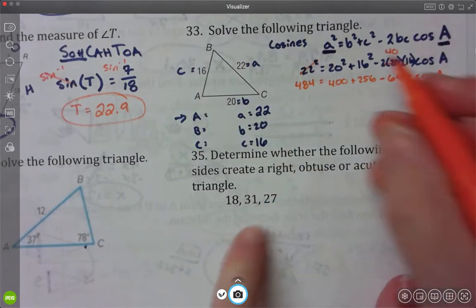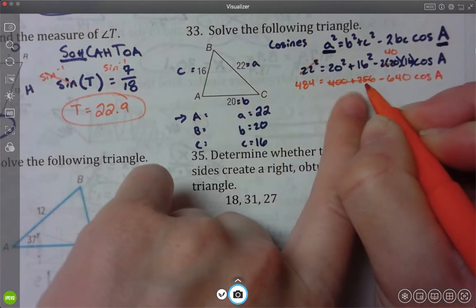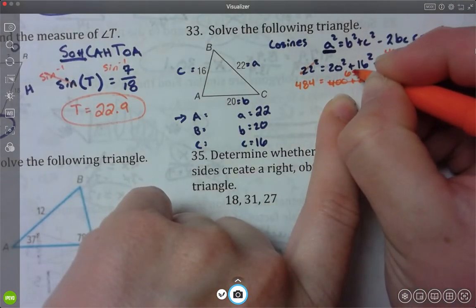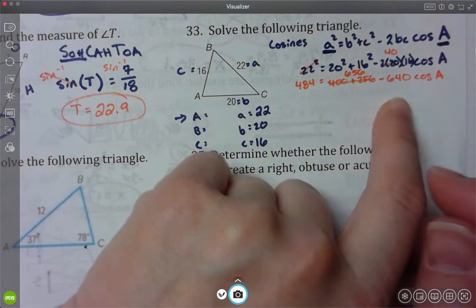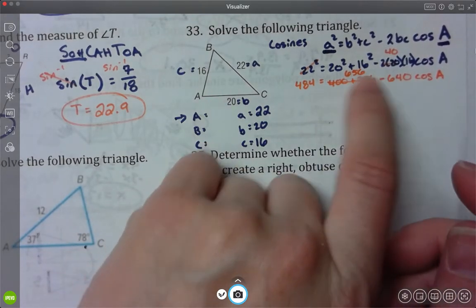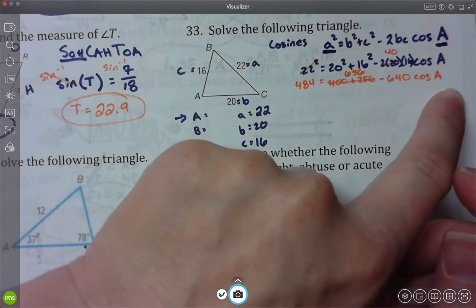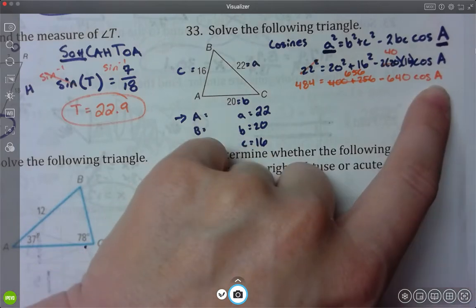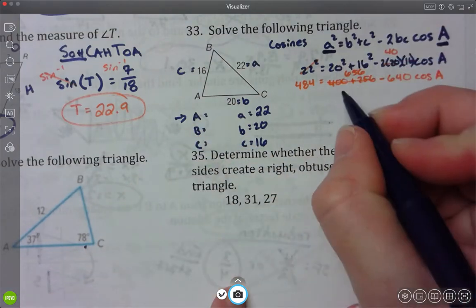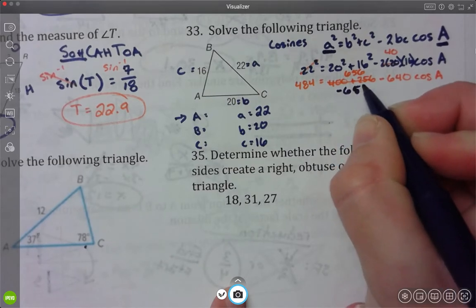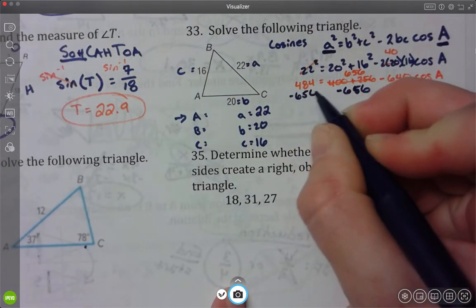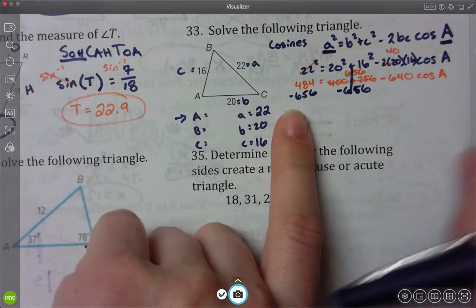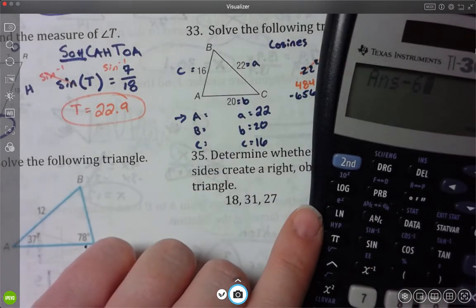Okay, now let's go ahead and put these two pieces together. 400 and 256 is 656. Okay, now I don't want to subtract the 640 from him because 640 is attached to the cosine, so I cannot do that. Okay, then I'm going to go ahead and subtract the 656 to the other side. Okay, so he has gone 484 minus 656.